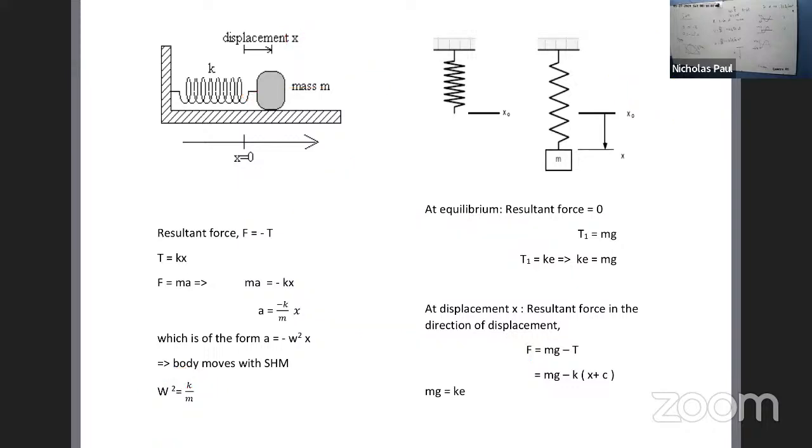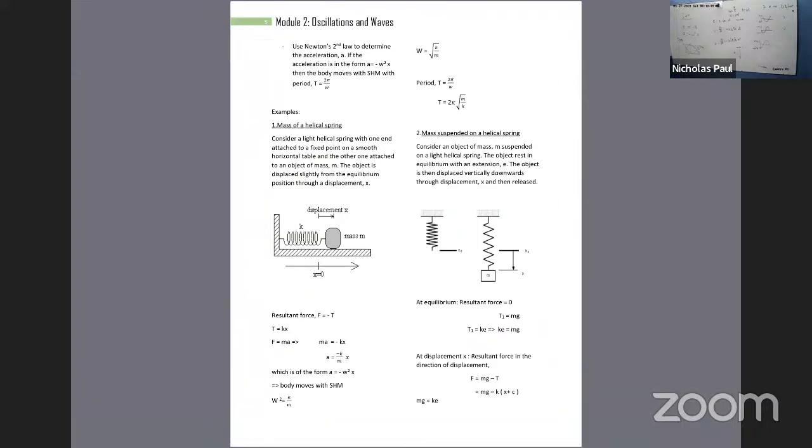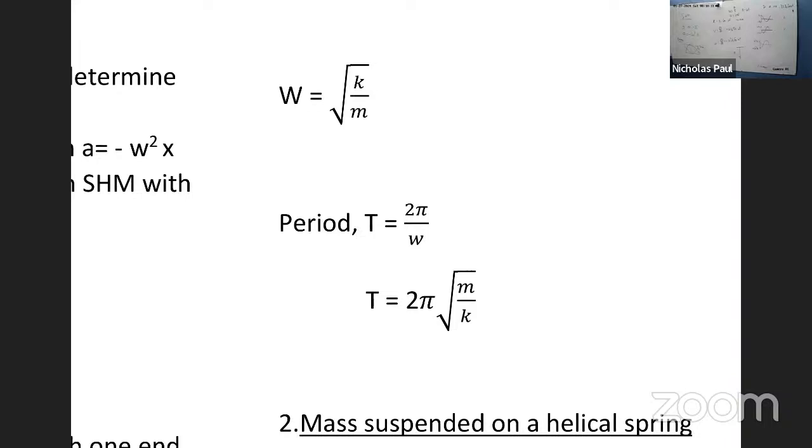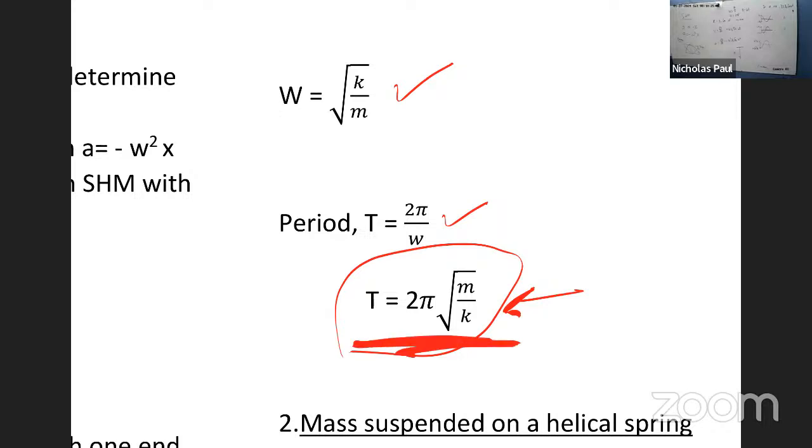Omega squared is equal to K on m, and therefore omega is the square root of K on m, and period is equal to 2 pi root m on K. Anybody use this in the lab? This is module 2? Yes. So this is the formula for the period of a spring moving with simple harmonic motion. All right? You okay with that?